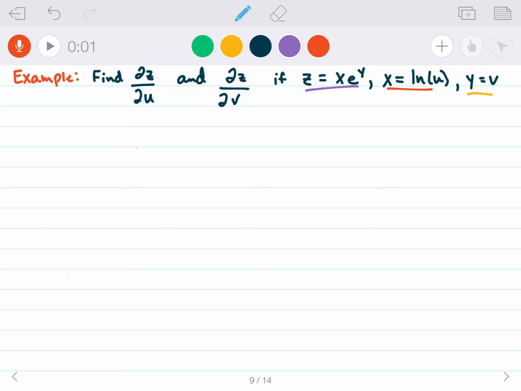So the first thing I can find in purple is the derivative of z with respect to x. I mean the partial derivative. I can also find the derivative of z with respect to y, so the partial derivative. In red, I can find the derivative of x with respect to u.